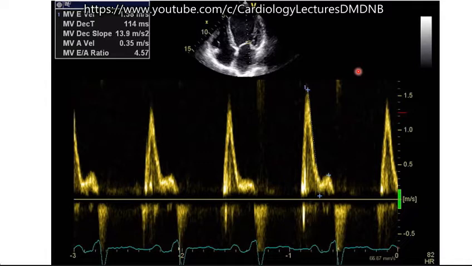And you can also look at the duration of the AR reversal. That is measured by the duration of the AR reversal minus the duration of the mitral flow A wave. That should be more than, any one of you? The prolongation of the AR reversal is one of the features of restrictive filling pattern.